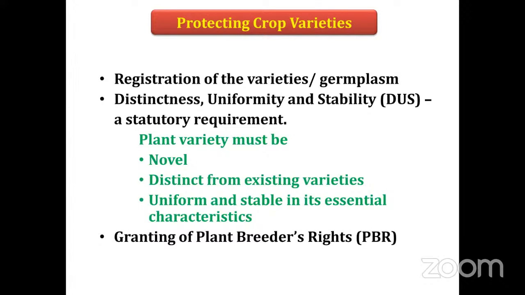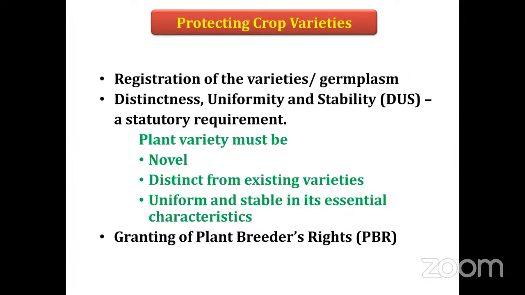Whenever we have to register a plant variety under the PPVFRA, the plant variety should be novel, it should be distinct from the existing variety, and it should be uniform and stable in its essential characteristics. So it should fulfill the DUS criteria.